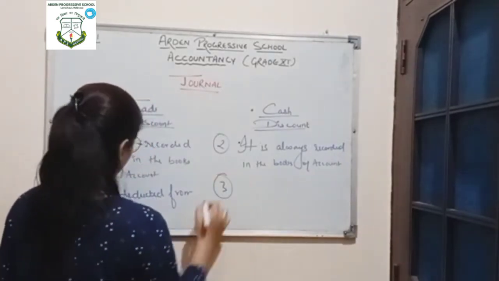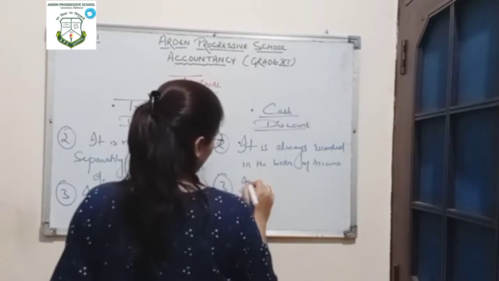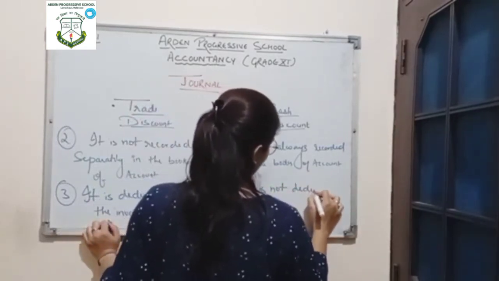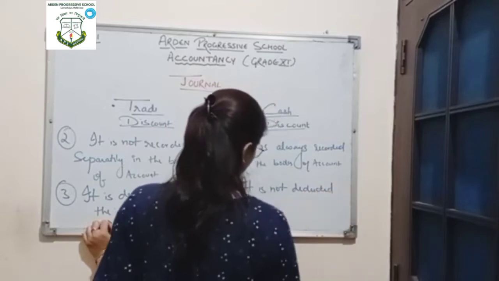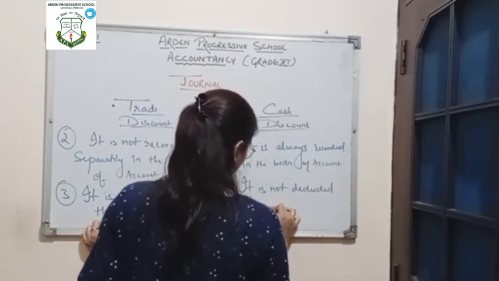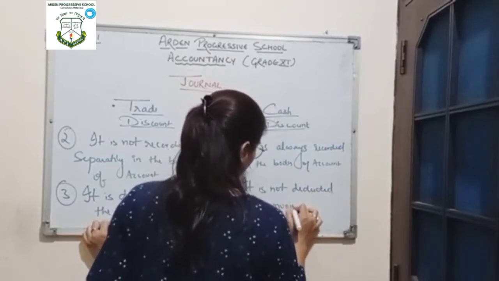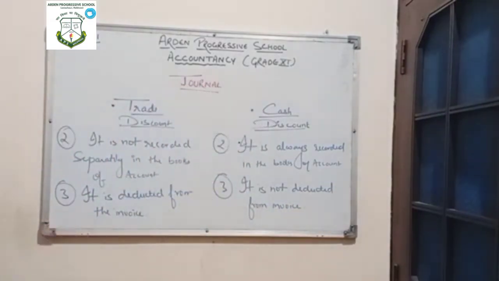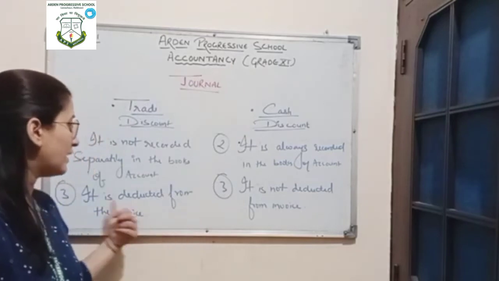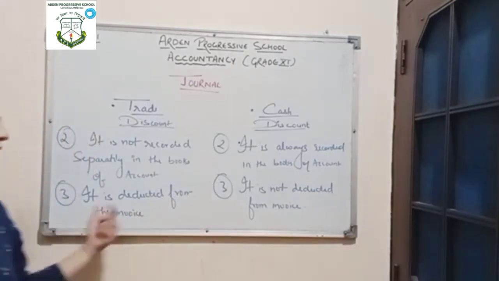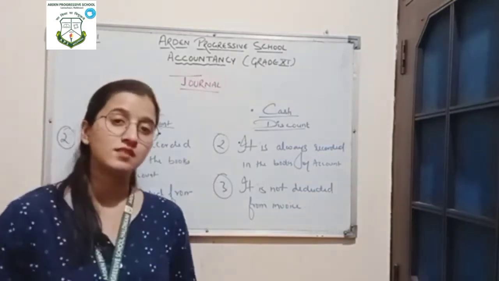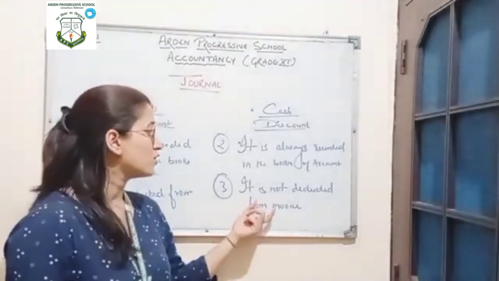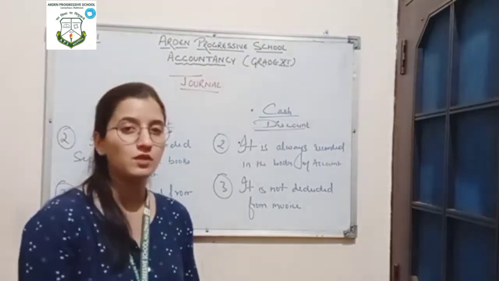Whereas cash discount is not deducted from invoice. As we know, trade discount is allowed on the listed price of product, so that is why it will be deducted from the invoice, whereas cash discount is offered for the customer when they make prompt payment, so it will not be deducted from the invoice.